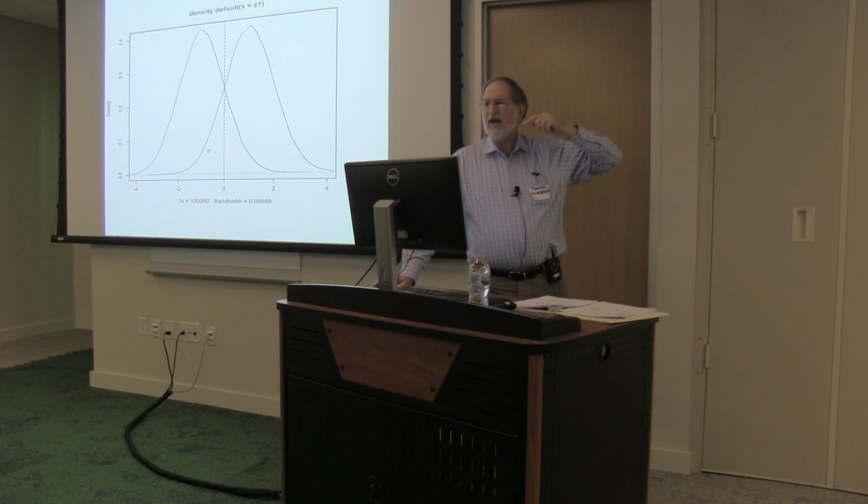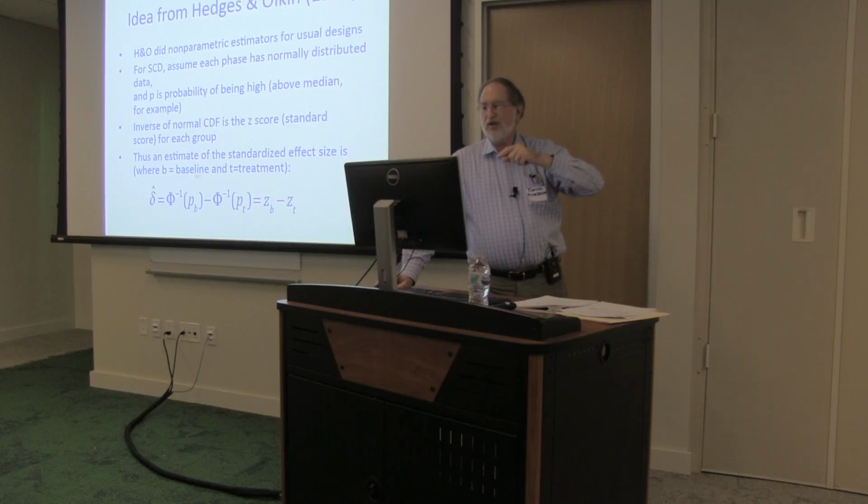And that was actually that fancy equation at the bottom of this page. Phi inverse of P is figuring out the z-score, the area under the curve above one place or below the other. And that is equal to the distance in z-score units between the baseline phase and the treatment phase.